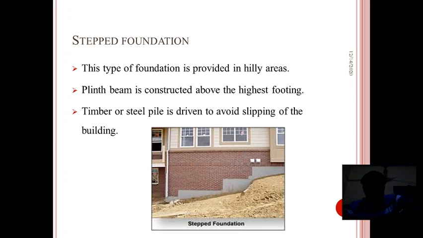Stepped foundation. The name itself indicates stepped foundations are provided in hilly areas where the ground slope is very steep. In order to avoid deep excavations, the foundations are made like steps in order to provide basements for wall masonry or stone masonry.